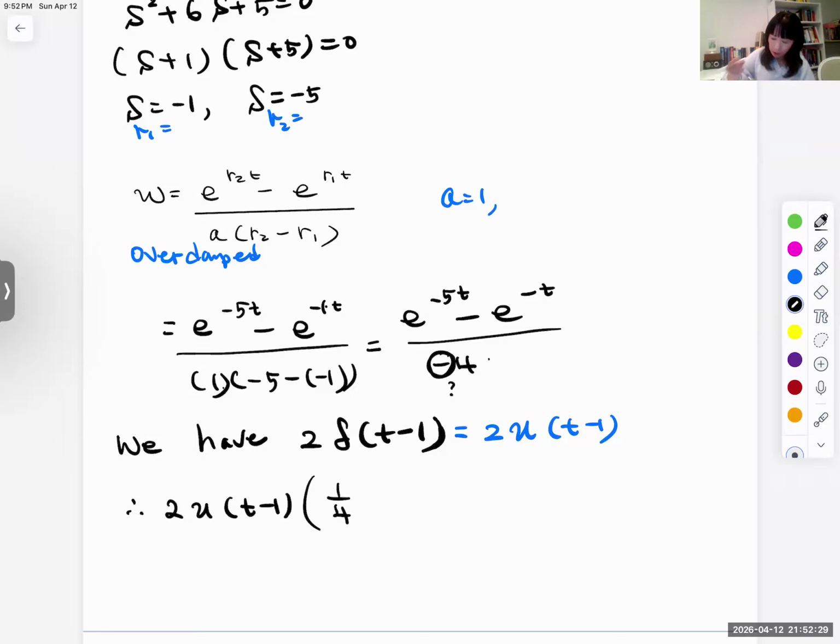Let me check that. And e to the, we will use minus 5 times t minus 1, and minus e to the negative t minus 1, right? Yeah.